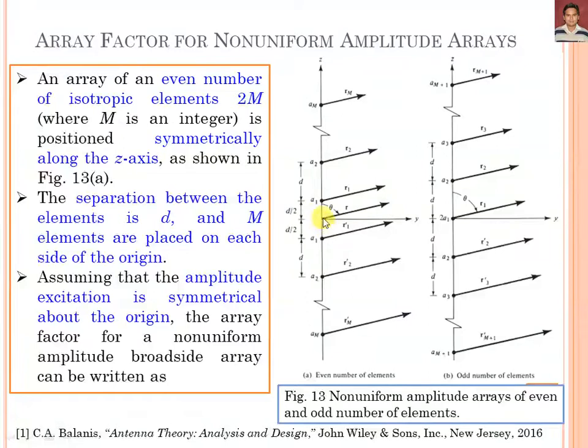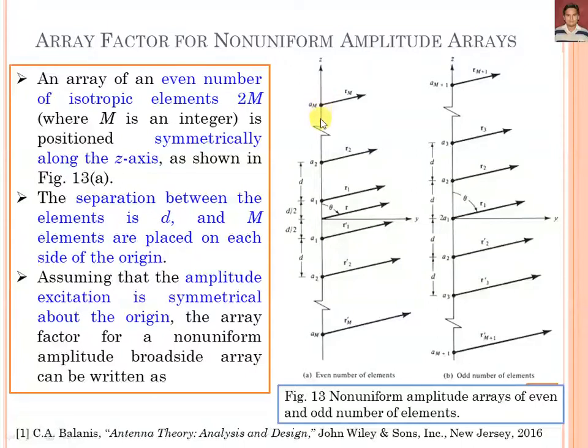This is the origin, and we consider M elements below the origin and M elements above the origin. So it is twice M elements, symmetrically positioned along the z axis, as you can see in this figure. The separation distance between the elements is d, as you can see between a1 and a2 and so on.